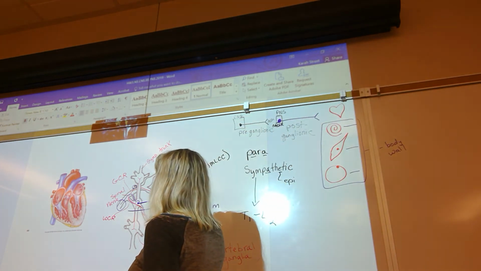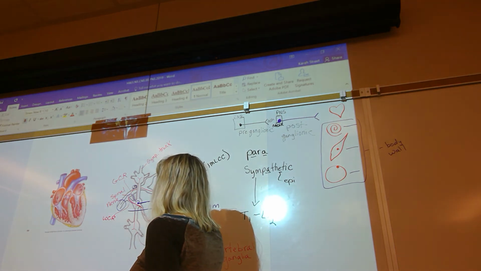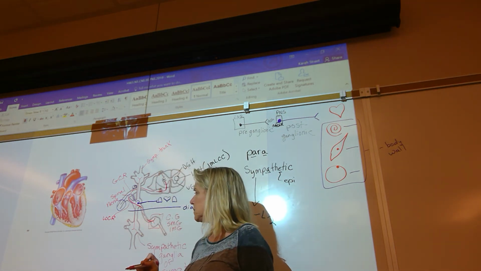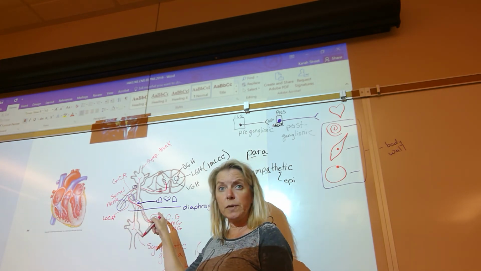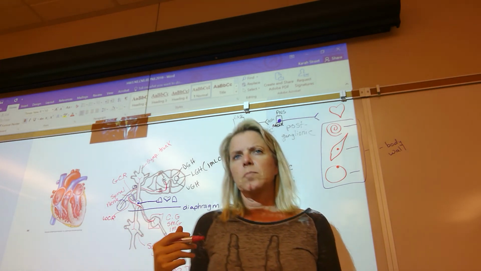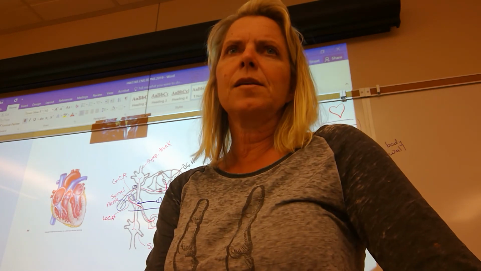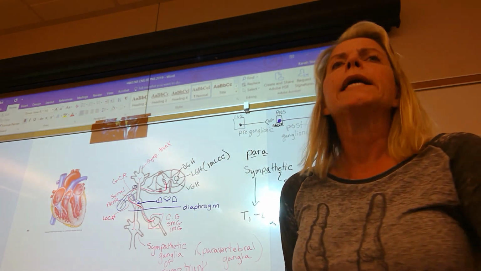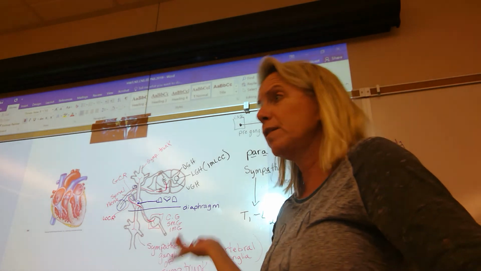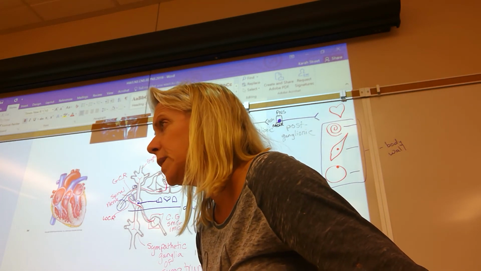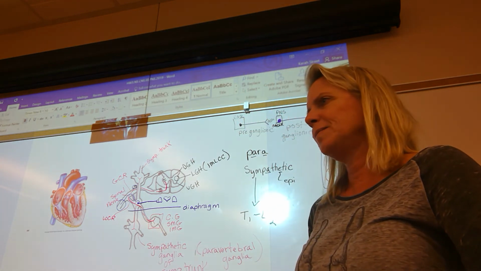This structure here, a ganglion that a preganglionic fiber goes through to reach, has another name. It takes too long, Lisa, for me to say ganglia below the diaphragm that aren't part of the sympathetic trunk. That takes too long.